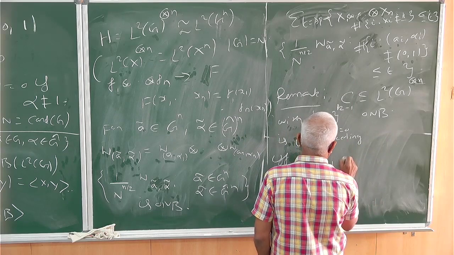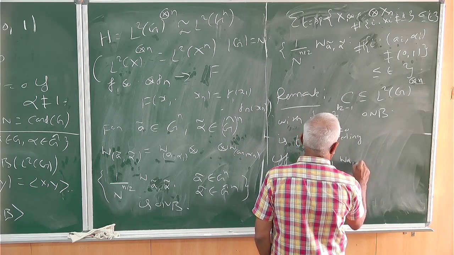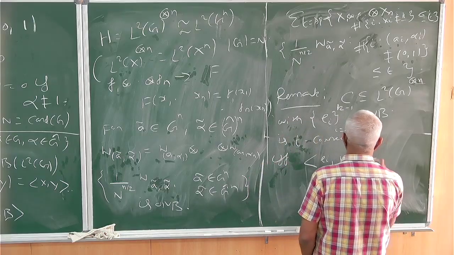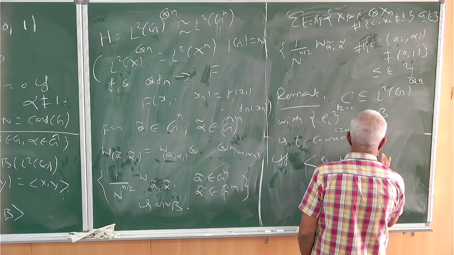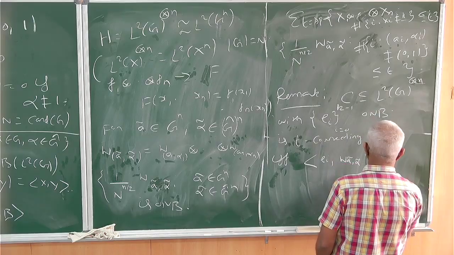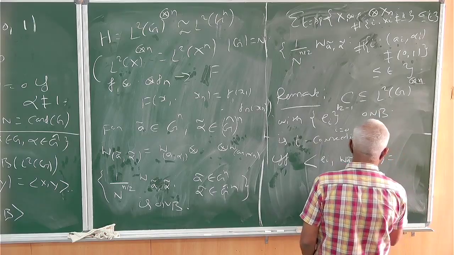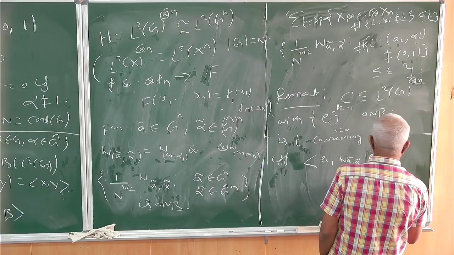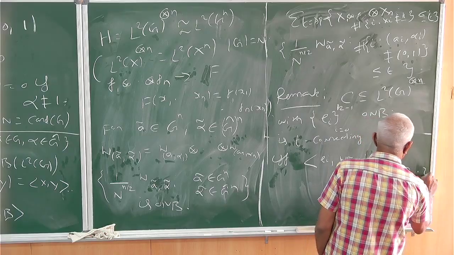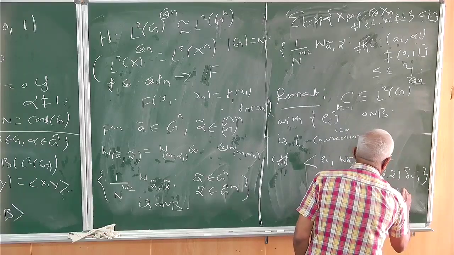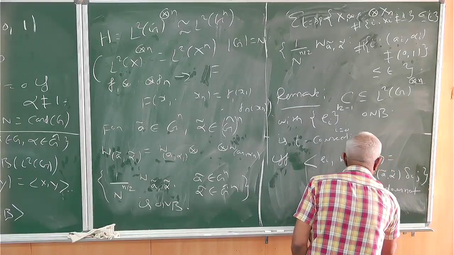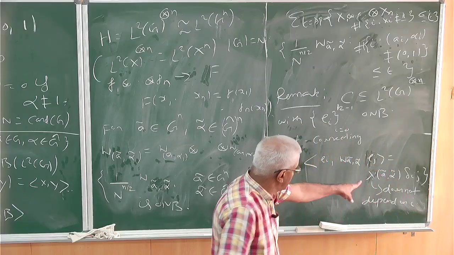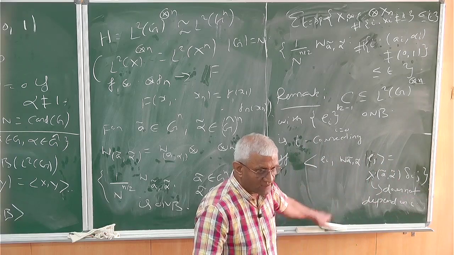the inner product of e_i, W of A tilde alpha tilde, e_j equals some constant lambda, which depends on A tilde alpha tilde, times delta_ij. And this constant does not depend on i and j.